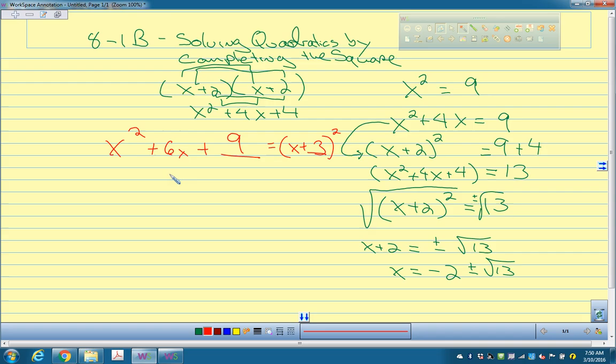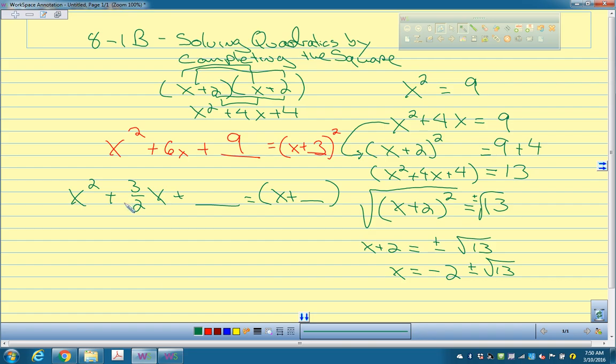We'll do a trickier one, which you're not going to like because it's got fractions. What if I did x squared plus 3 halves x plus blank equals x plus something squared? Take half of this.